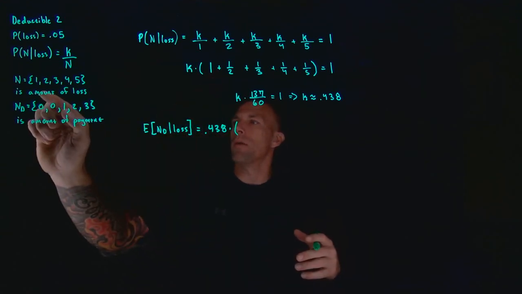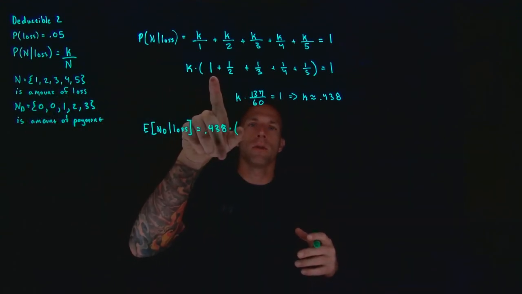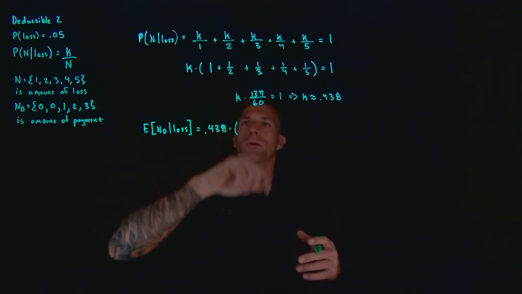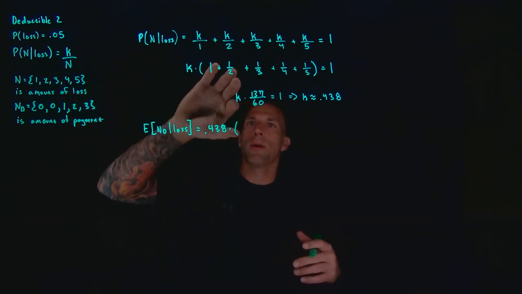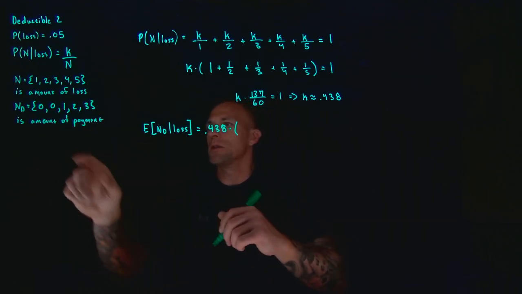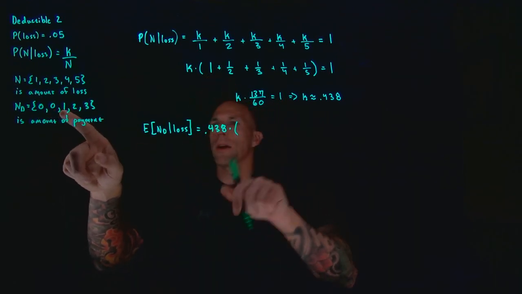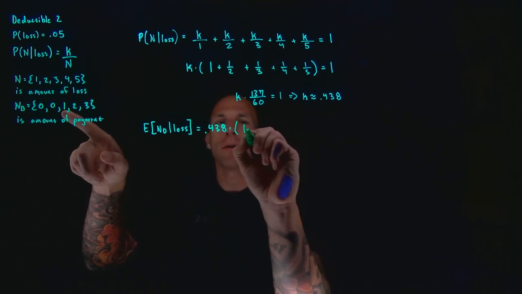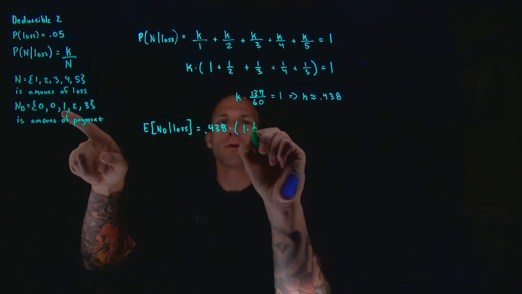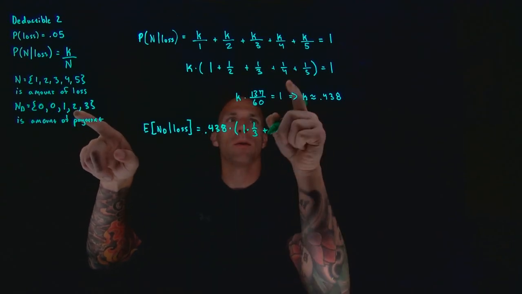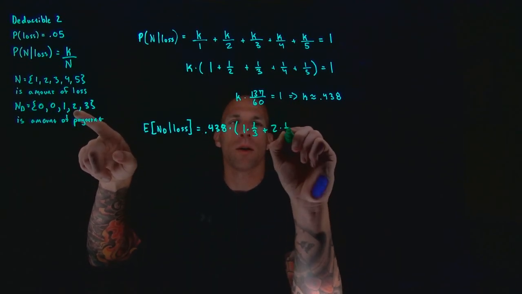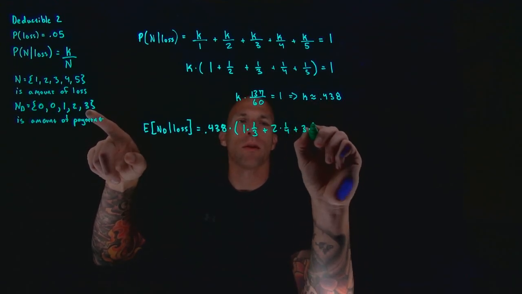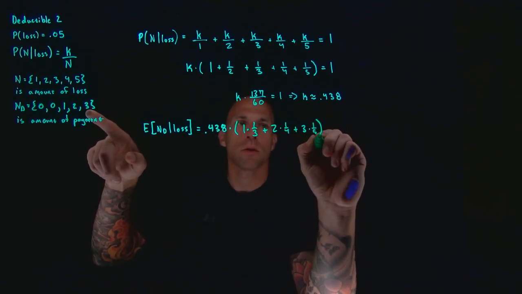The probability of a loss amount of 1 is guaranteed. It's 100%. And of a loss amount of 2, it's a 50% chance. So our deductible eliminates those high probability losses, 0 times 1, 0 times 1/2, and reduces the amount we have to pay. So amount of payment times probability of loss plus amount of payment times probability of loss plus amount of payment times probability of loss.